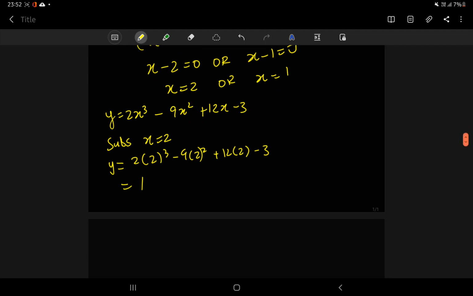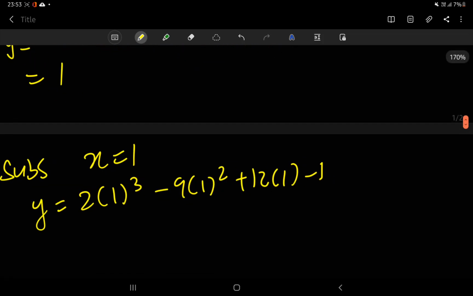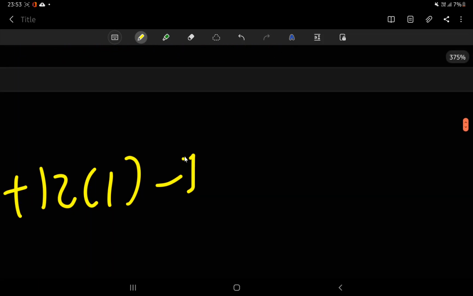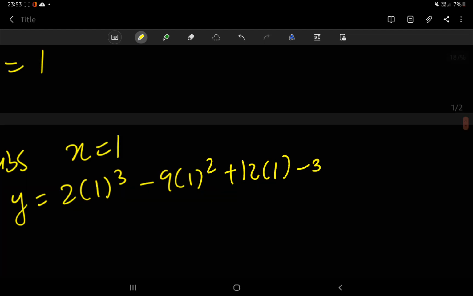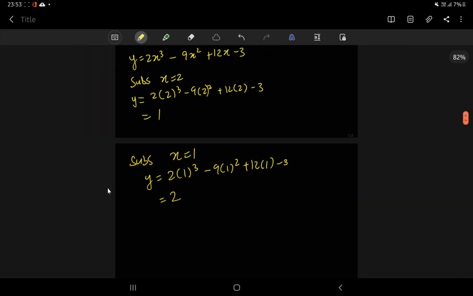Also substitute x equals 1, so we get y equals 2 times 1 cubed minus 9 times 1 squared plus 12 times 1 minus 3. So in return we get 2.